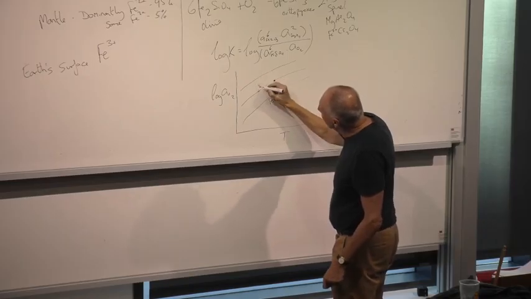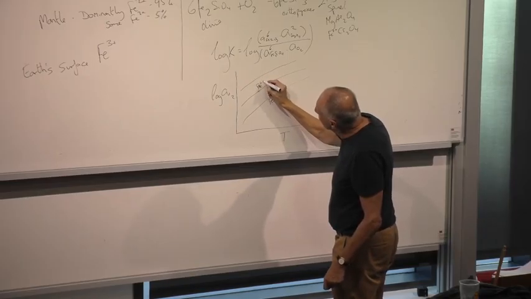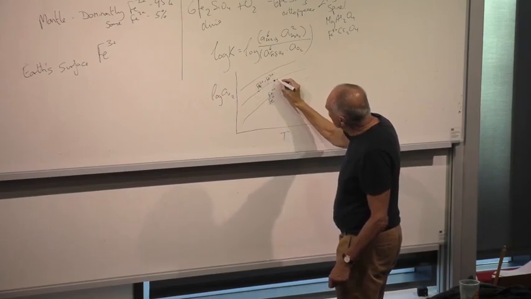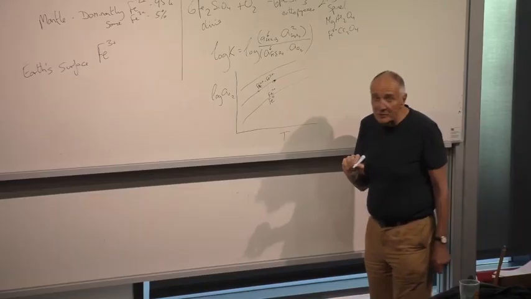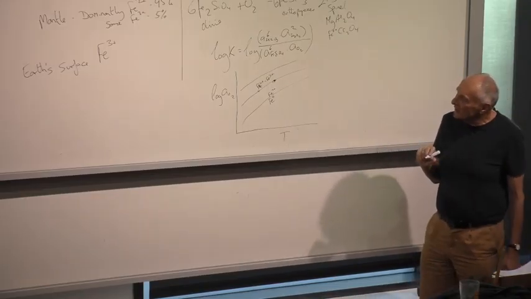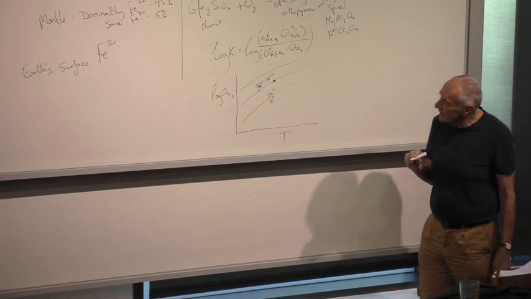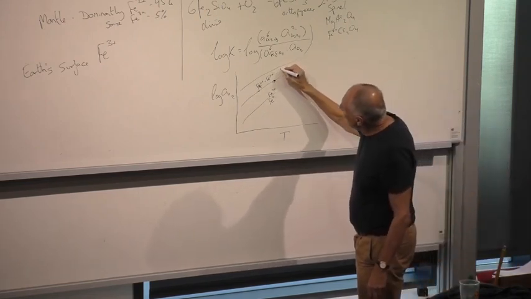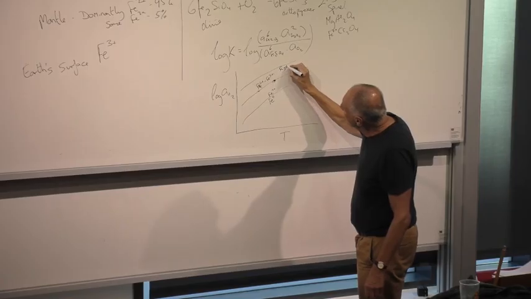We get values for the mantle which are surprisingly constant, don't vary very much, within about 1 log unit in oxygen activity. This would be where pure Fe3O4 goes to Fe2O3.